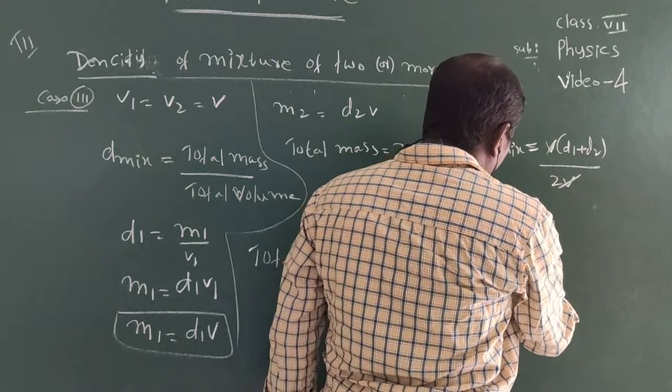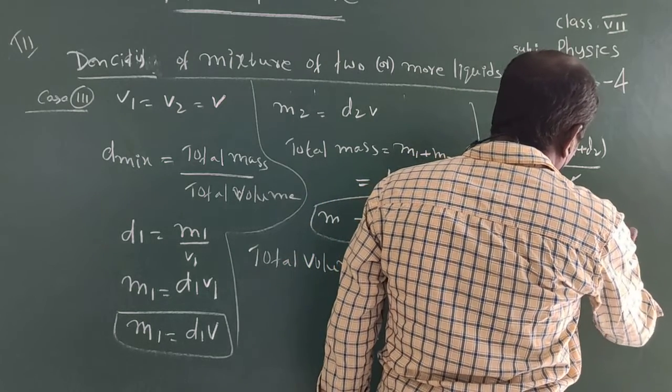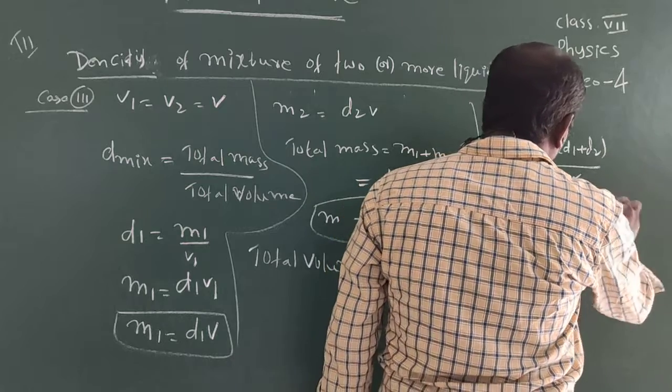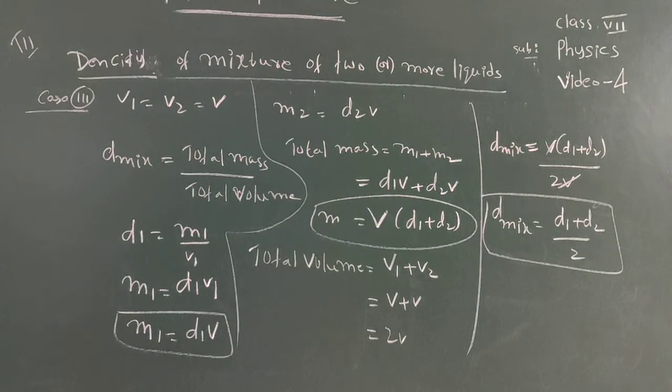So density of the mixture is equal to d1 plus d2 by 2. It is the density of the mixture if volumes are equal. If volumes are equal, density of the mixture is d1 plus d2 by 2.